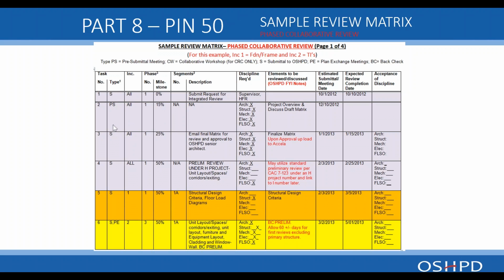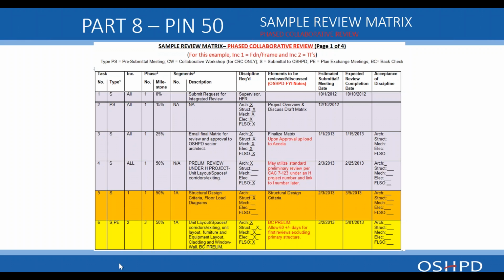So it goes along similarly to the phased review. And we have increment 1, but you'll see that when we submit plan exchange meeting here, here's the first submittal of increment 2, the first plan review, where again we back check the preliminary review.